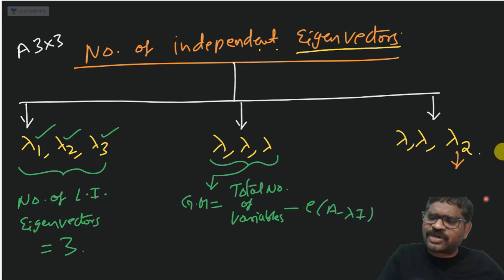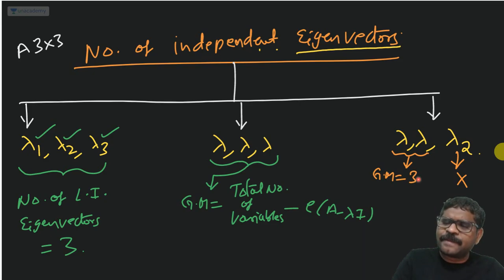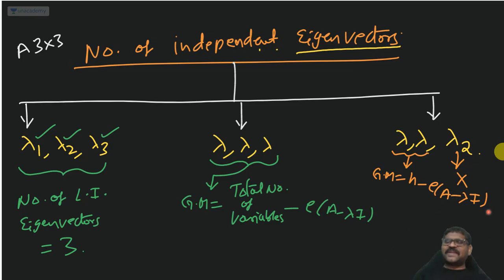Corresponding to lambda 2, there is one independent eigenvector. Corresponding to the repeated eigenvalue lambda, you have to calculate geometric multiplicity, or free variables, GM. Total number of variables, I am writing n, minus rank of A minus lambda I.